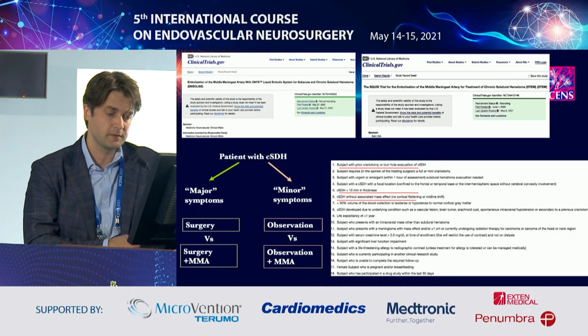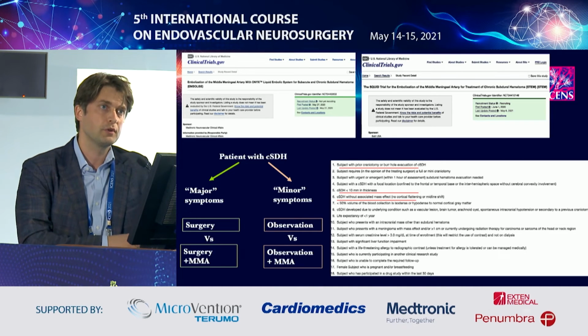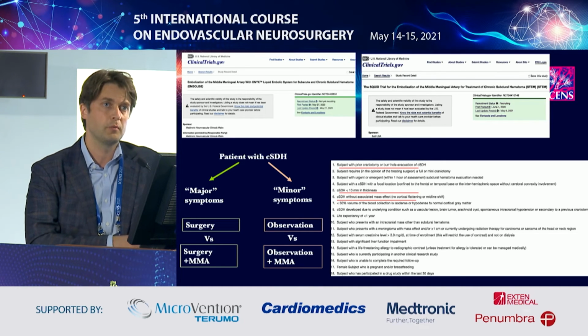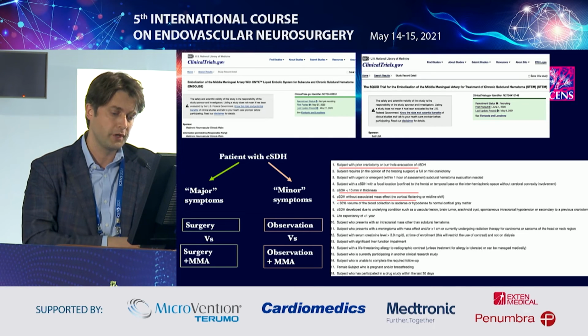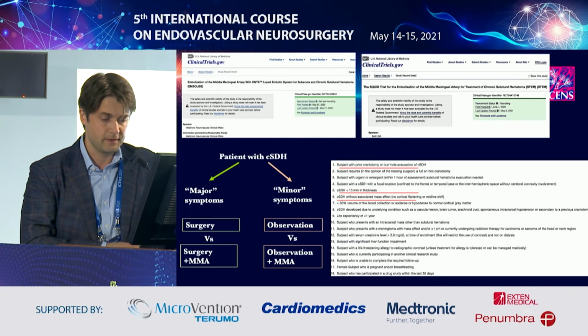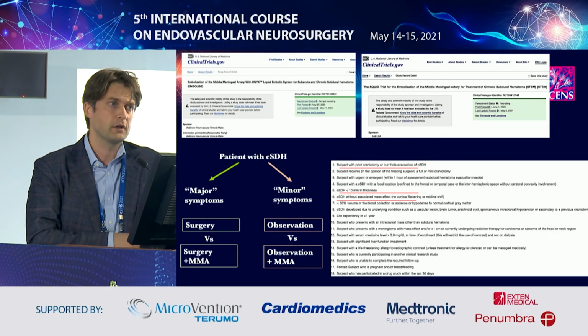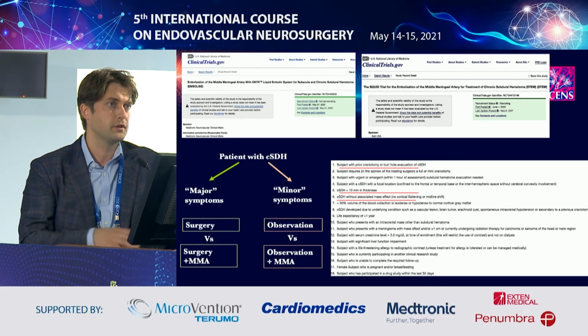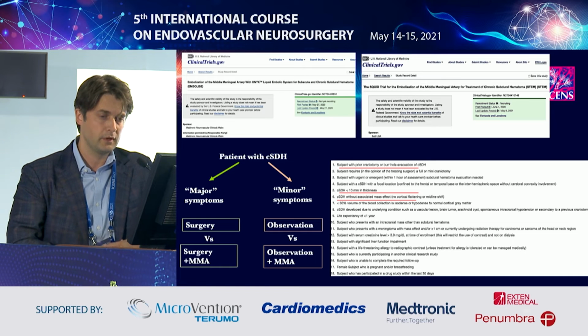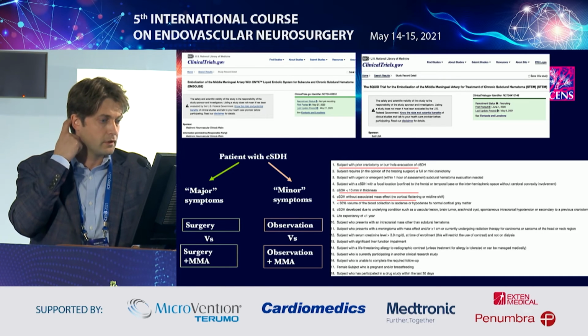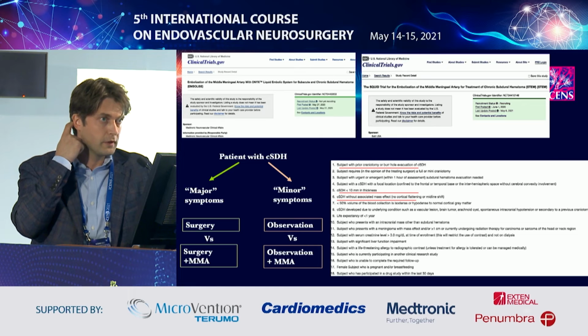In one study that you see, they study small hematomas, while in the BOLD study they want to study large hematomas. So we'll see the results. These two studies started simultaneously in around December 2020.